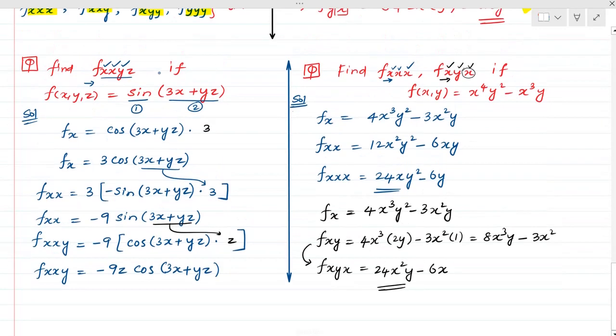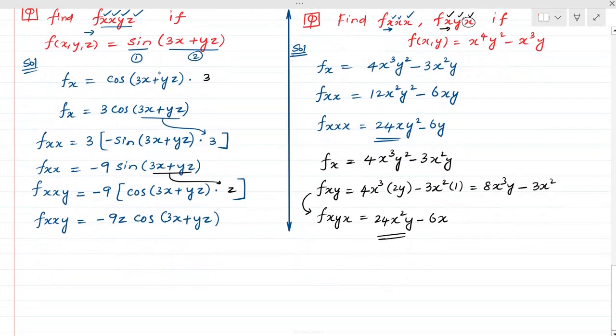The last part, we have to go with z. Differentiate this with respect to z.